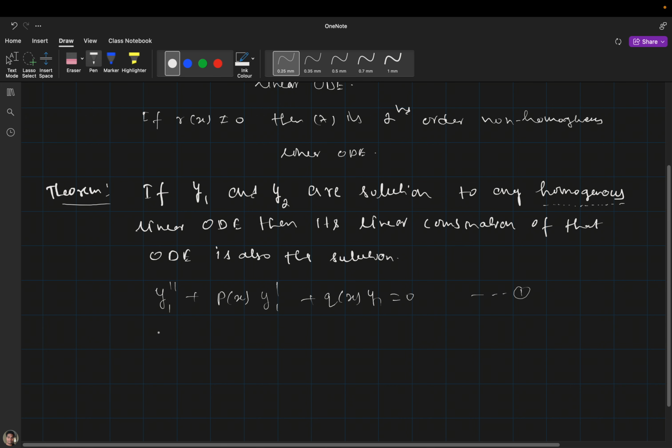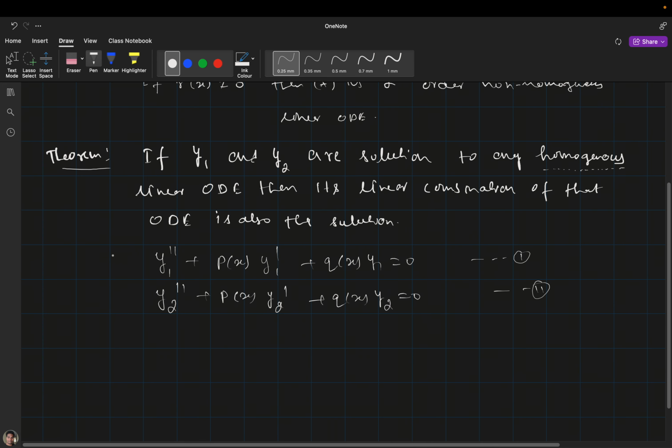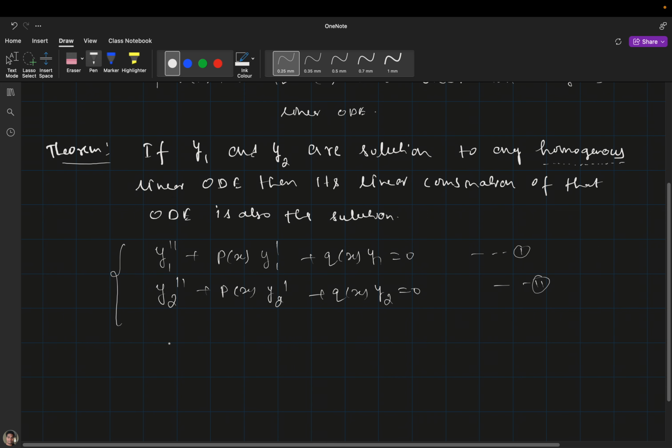Since y2 is also a solution, suppose it is equation number 2. Then this theorem says that the linear combination, y equals c1 y1 plus c2 y2, will also be a solution of that differential equation.